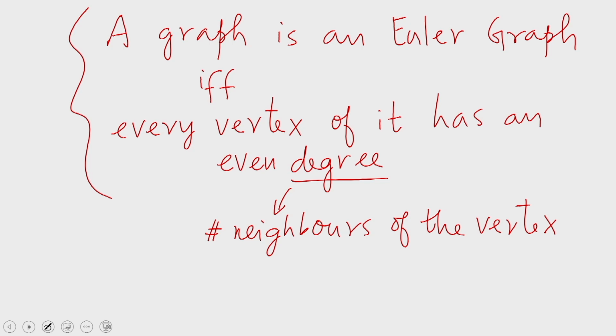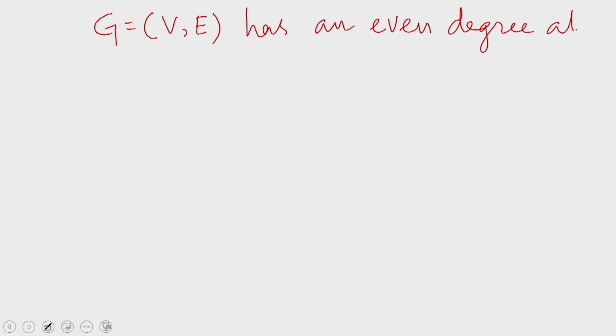Now, proving the other way around, to show that a graph that has an even degree at every vertex is Euler is what we want to show.